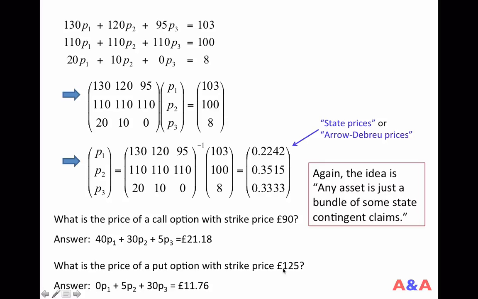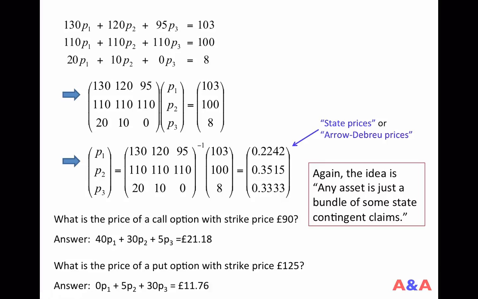If state 2 realizes, then the value of this put option is £5. Because if state 2 realizes, the stock price is £120. Okay? The stock can be sold for only 120. With this put option, you can sell it for 125. So the value of the put option is £5.